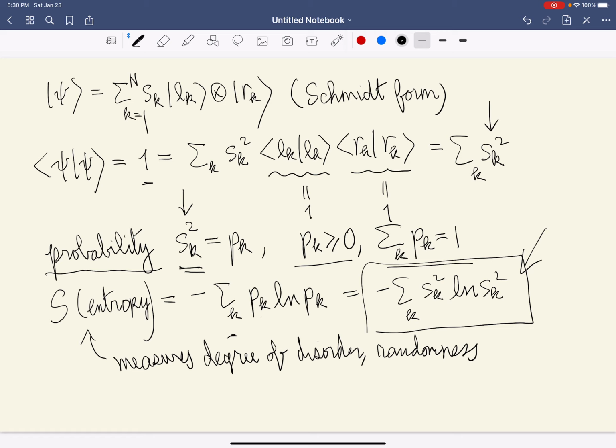And the wave function itself does not have any sense of disorder or randomness. What it measures instead is a kind of degree of entanglement.